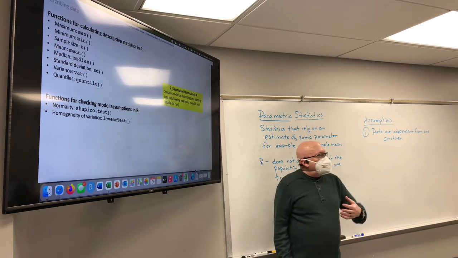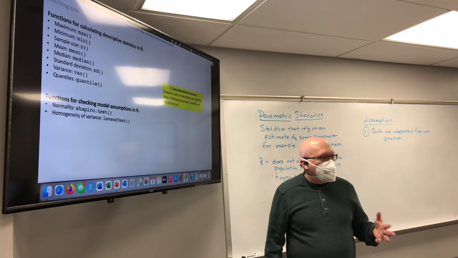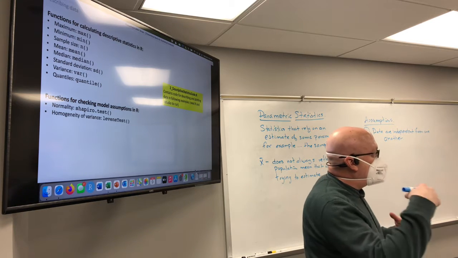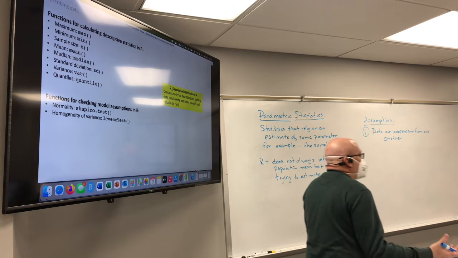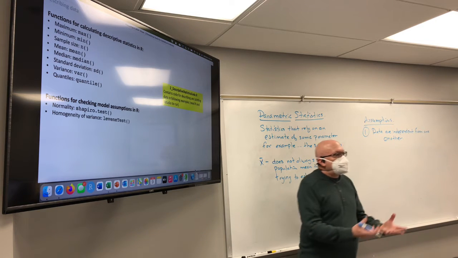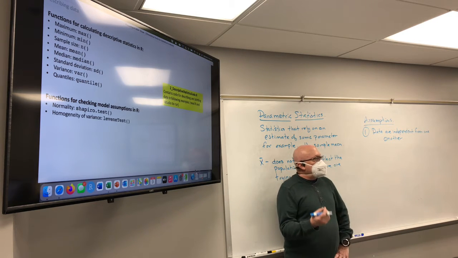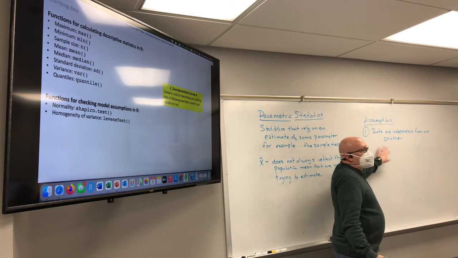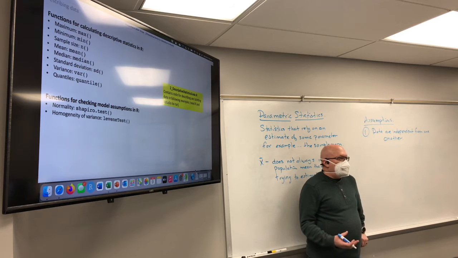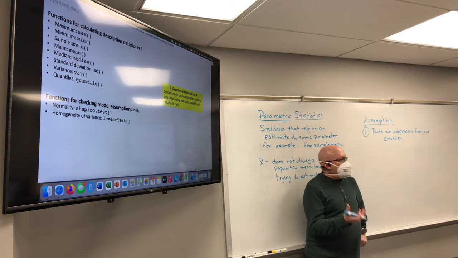Going back to the example of GPA at colleges and universities, if we were interested in knowing what the average GPA is of students, we could go to William Jewell College and we could take a random sampling of students. And because that sample is random, we would be able to assume that these things are probably independent of one another, but it would all depend on how we went about gathering those data.